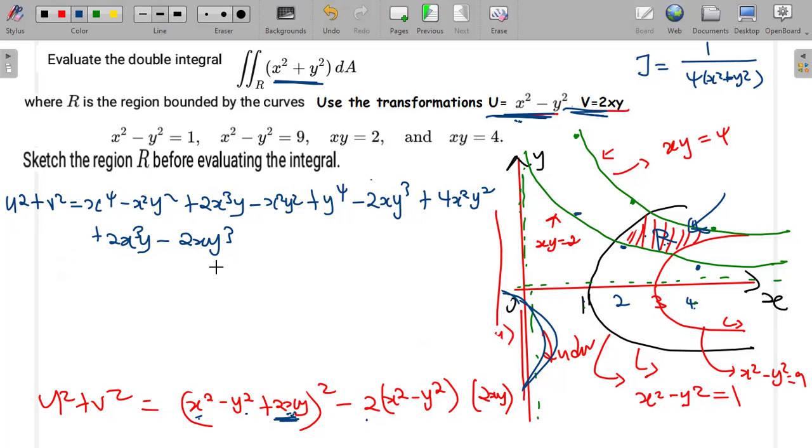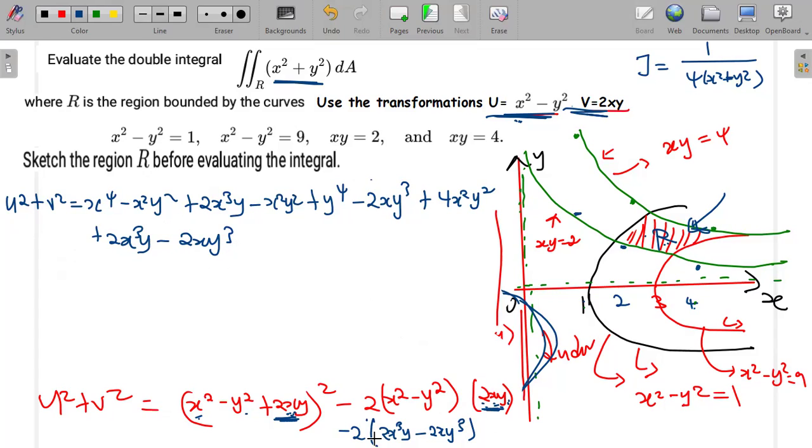Okay, so that is what I get there. And then now let's expand this side. Let's first multiply this 2xy with, so I'll just write it here. 2xy multiplied by y squared, I get 2x to the power 3 y. And then 2xy multiplied by minus y, I get minus 2xy to the power 3.